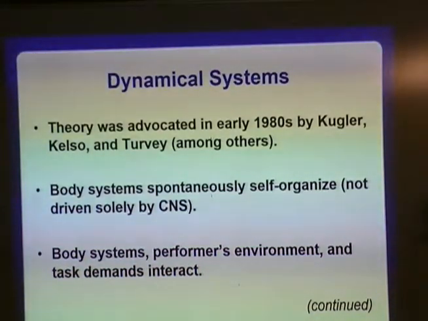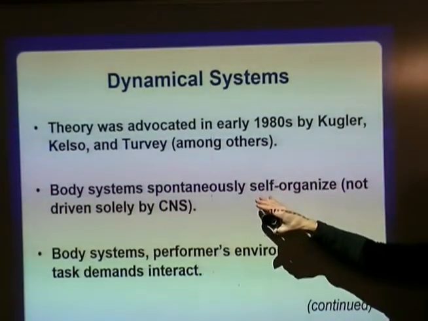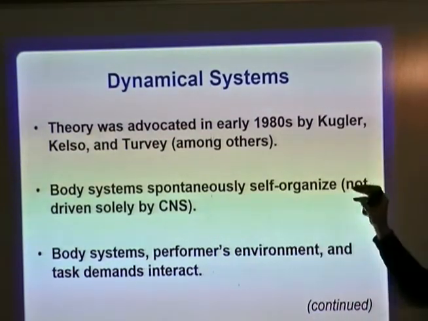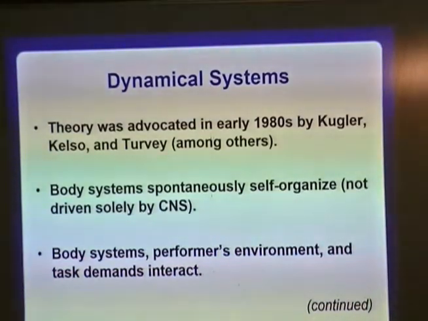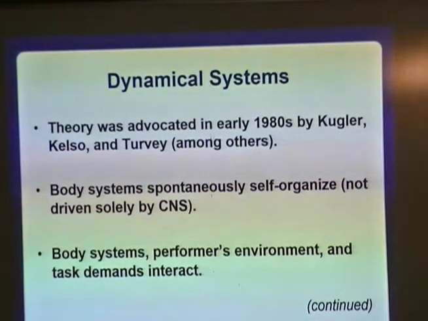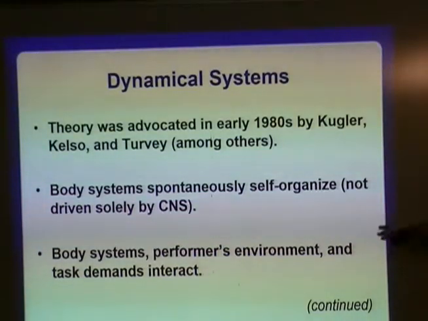So this is the biggest problem that information processing people have. Body systems will spontaneously self-organize the most effective movement pattern for the task I'm having to do at the time. And information processing people are like, what? That's ridiculous. They don't just make up their mind.